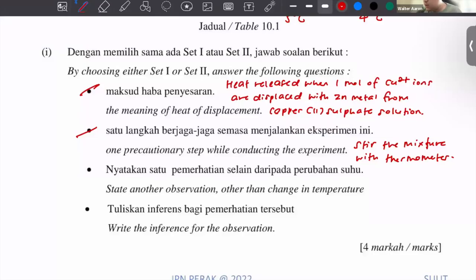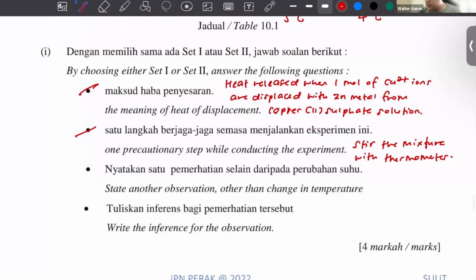And then state another observation other than change in temperature. What we will see is technically the metal will dissolve, and also you'll possibly see the brown metal deposited at the bottom. Any of those can be accepted.